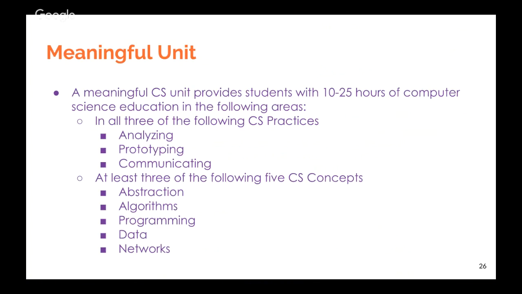We want students to participate in a unit that allows them to analyze, prototype, and communicate, and touches upon 3 of the 5 computer science concepts: abstraction, algorithms, programming, data, or networks. Because we don't have the time to cover each of those things, please refer back to blueprint.csforall.nyc, where you'll get a better explanation of what those look like and how they're implemented in the unit.